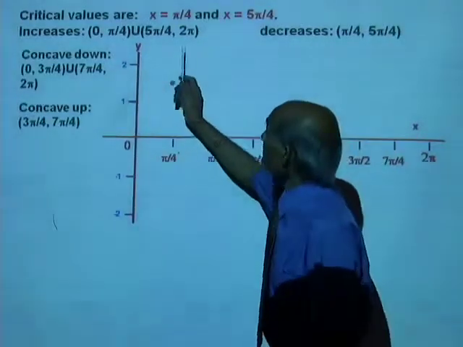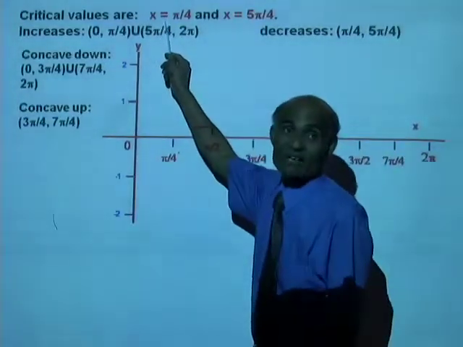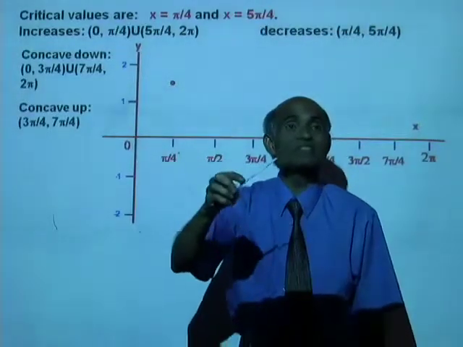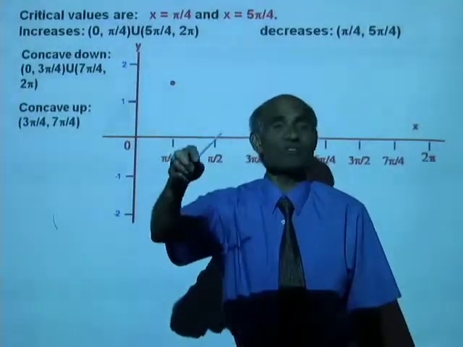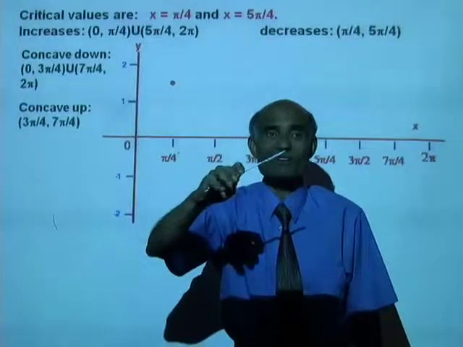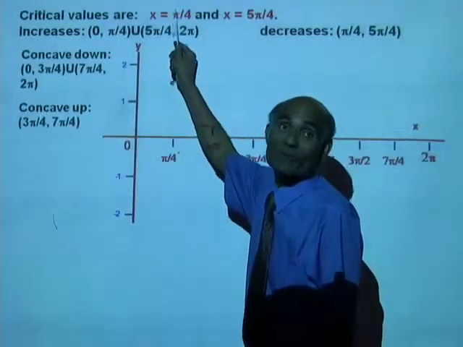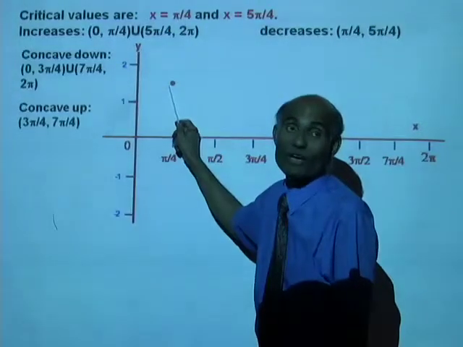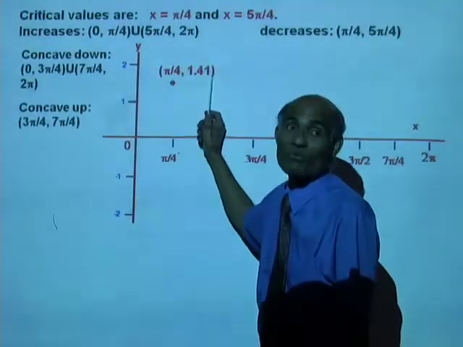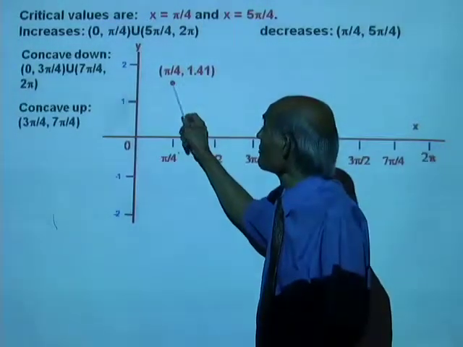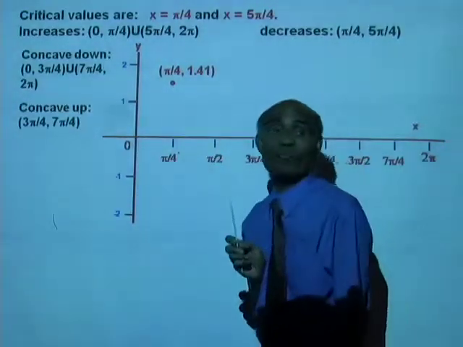Now, use your calculator and make sure that your y1 is changed to sine x plus cos x. That's the only change you need to make on the calculator. And find the value of y1 when x equal to pi by 4 and see whether you get 1.41. So when x equal to pi by 4, the function value is 1.41.